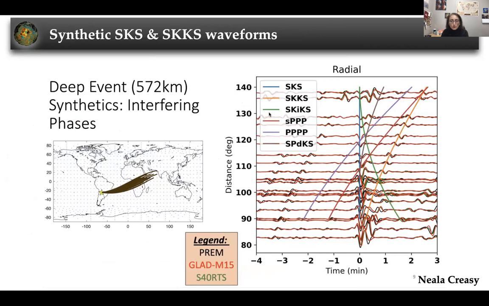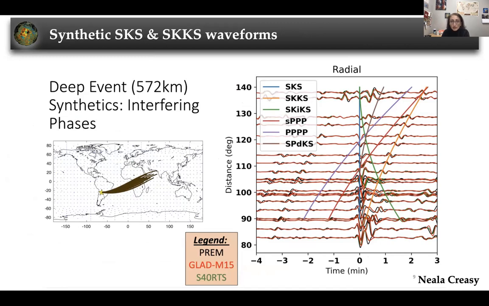So this is a figure from Mila. She looked at these SMKS phases for an earthquake here, recorded by stations here. You see these nice SKS phases. The record sections are aligned on SKS, but you can nicely see how multiple phases can arrive in the same window. And this is for a deep event.